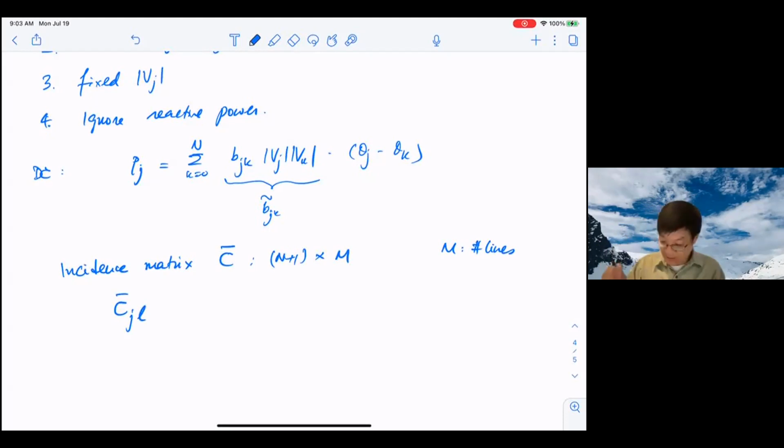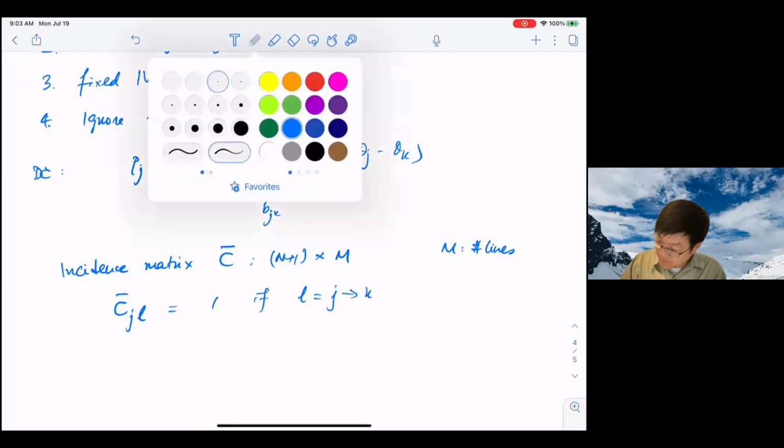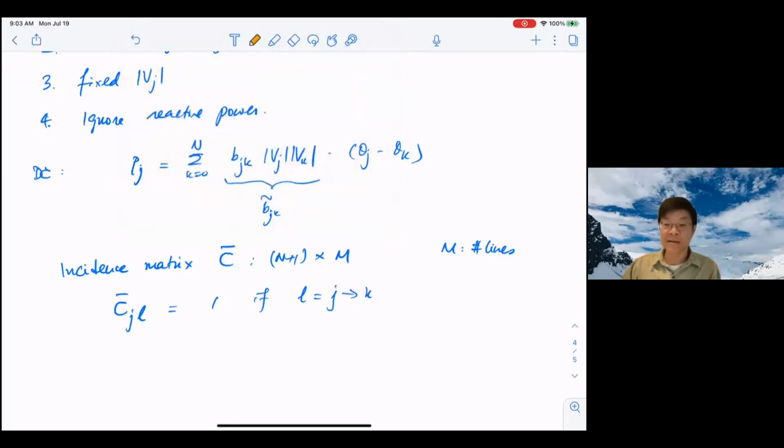L is some jk, for example. So this is 1 if the line is of the form from J to K. In an incidence matrix, we think of the network as a directed graph with arbitrary orientations. You fix an orientation, then on every line, we write jk in the set of edges, or we write J to K to emphasize that it's a directed line.